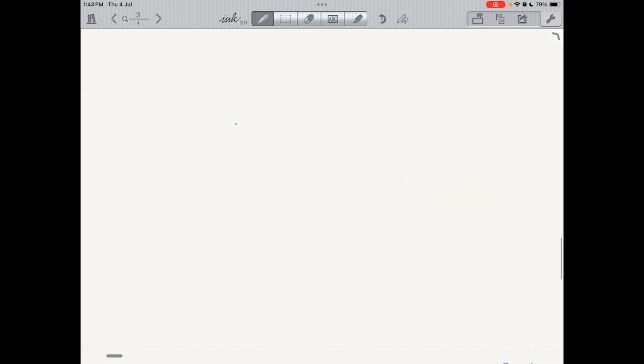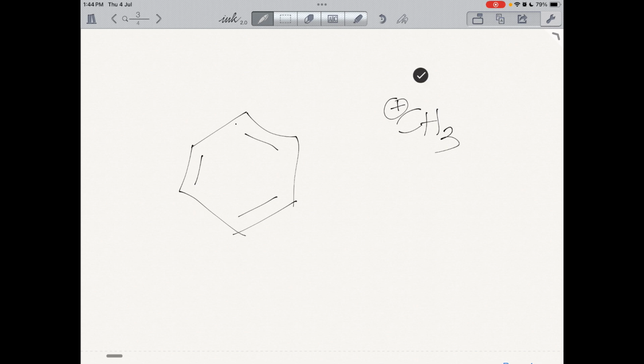If you have the benzene ring, and then you have the electrophile, the one that was identified in the previous page, which will first attack what? Remember, this is about reaction mechanism. How do we depict it?